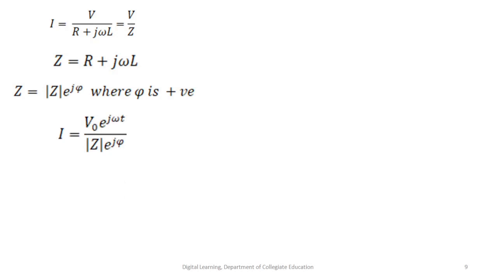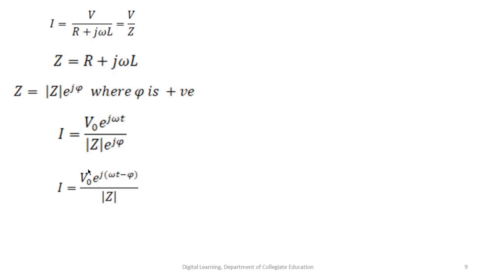Therefore, that equation can be represented as I is equal to V, where V can be written in exponential form as V naught e power j omega t, and Z can be written as modulus of Z into e power j phi.